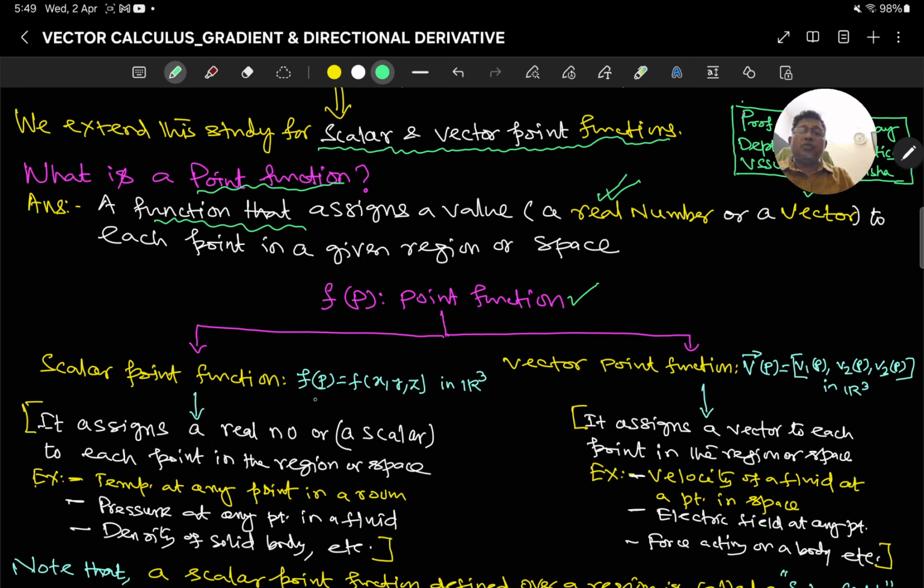Here I write the scalar point function, suppose f(P) is f(x,y,z) in R^3, three-dimensional space, and subsequently the vector point function V(P) will be (v1(P), v2(P), v3(P)), or I can write v1 i plus v2 j plus v3 k. This is a vector point function in R^3.